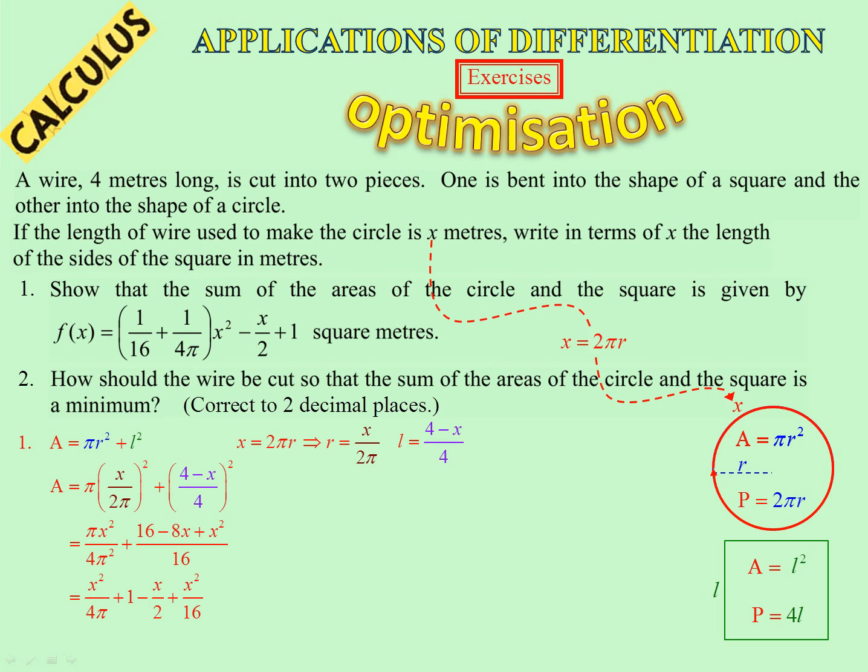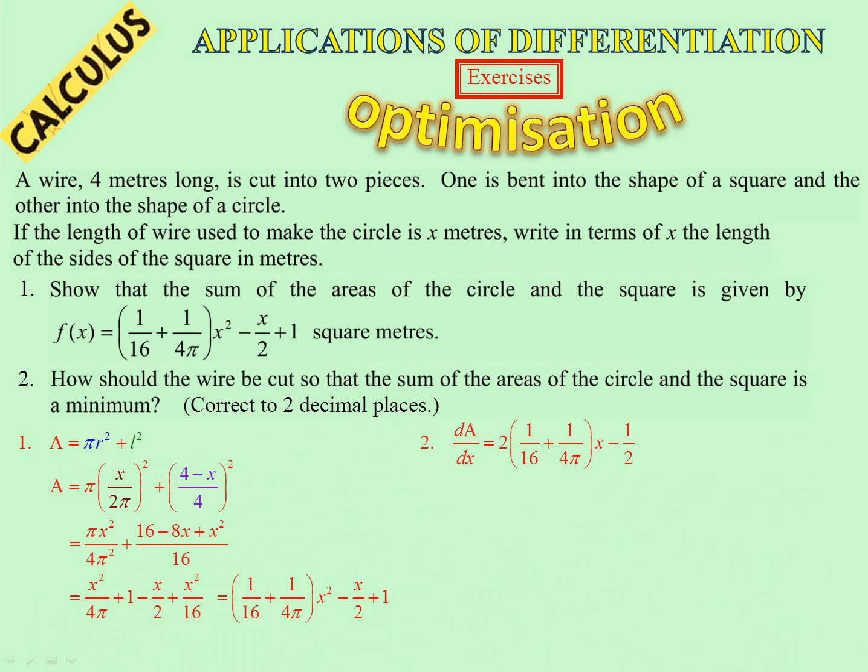And we get to talk about minimum area. So we're going to differentiate and put equal to 0, solving for x. There we are, 1.76. Now we need to confirm that that is a minimum.